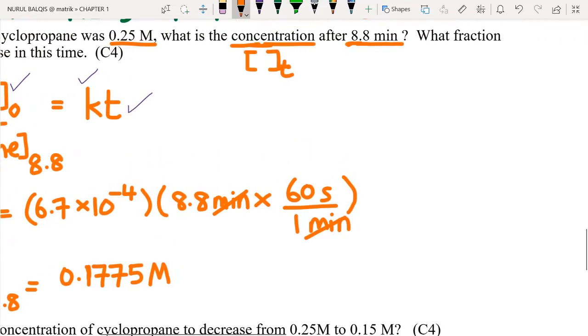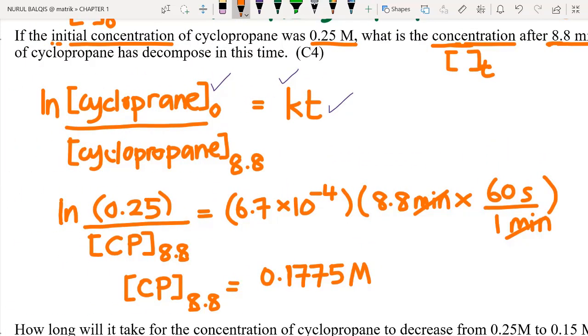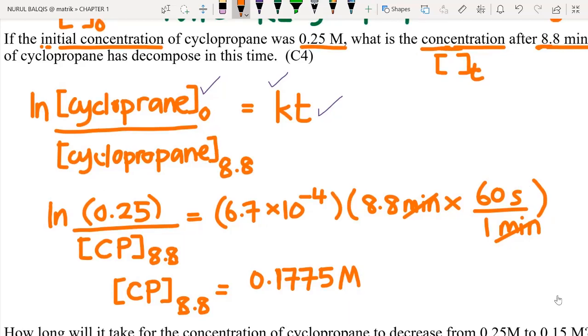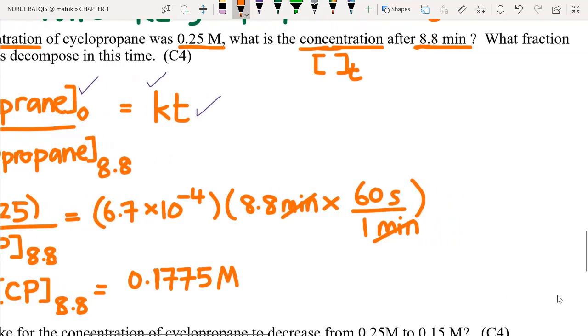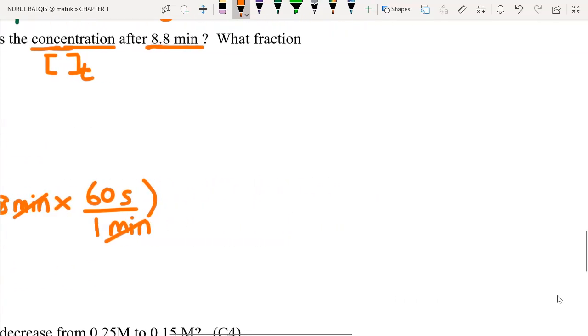Now we need to find the fraction of cyclopropane that has decomposed in this time. In order to know the fraction of cyclopropane that has decomposed, we need to first subtract this value 0.1775 from the initial concentration, which is 0.25. So we're going to write it as 0.25 minus 0.1775.